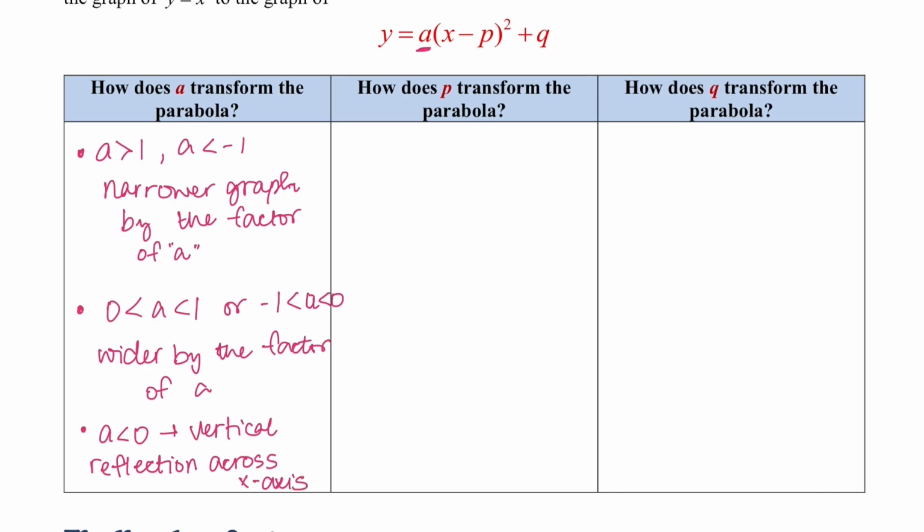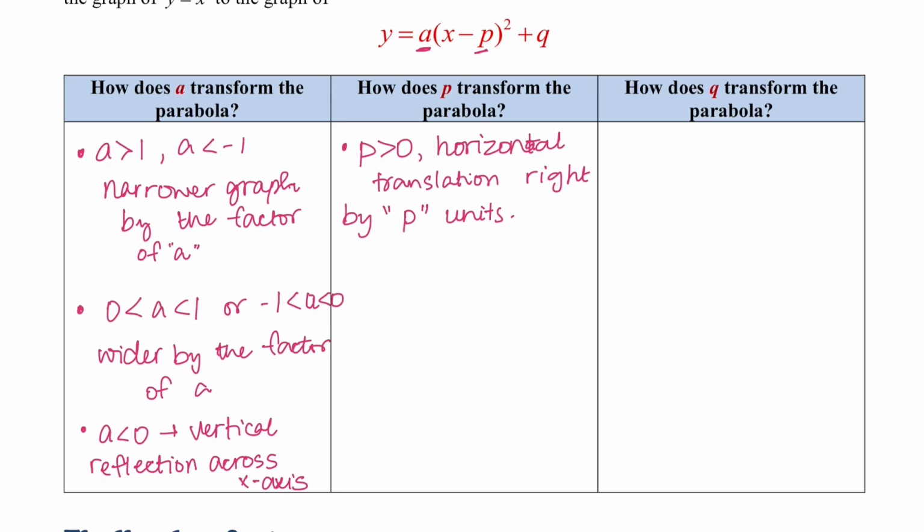What did P denote? Horizontal translation. So if it's going right or left, P is greater than 0, horizontal translation right by P units. An example would be x minus P in your function.